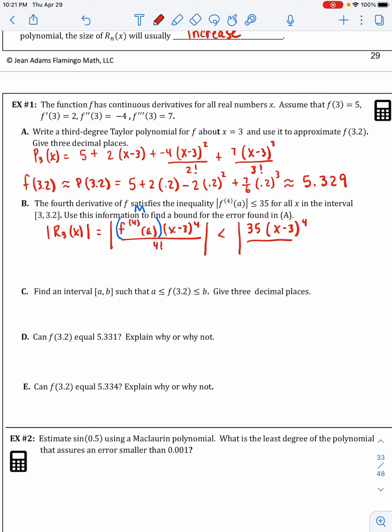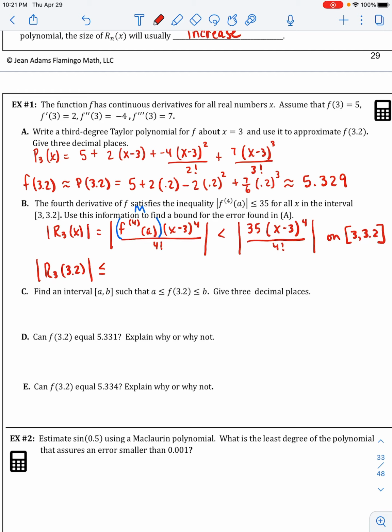And we also said that this is less than, if we put our capital M in, on that interval from 3 to 3.2.